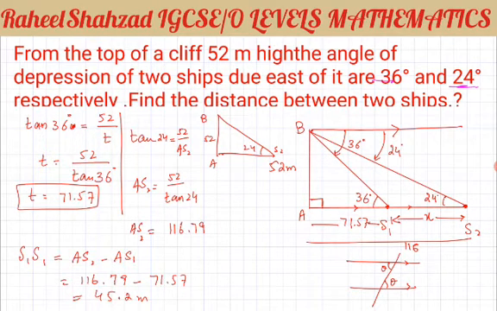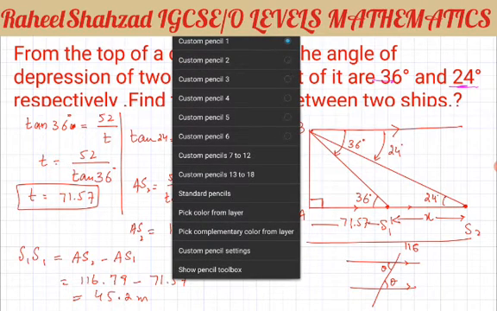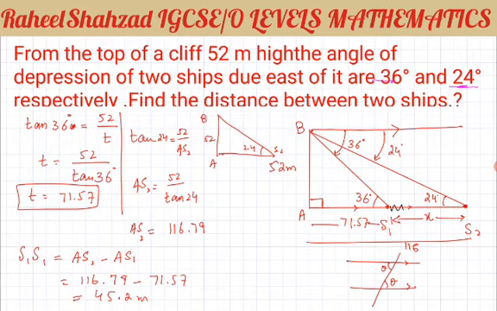Now this is the question: we need to find the distance between the two ships. We apply tan 36, that is opposite over adjacent, so tan 36 is 52 by t, that is 52 by tan 36.